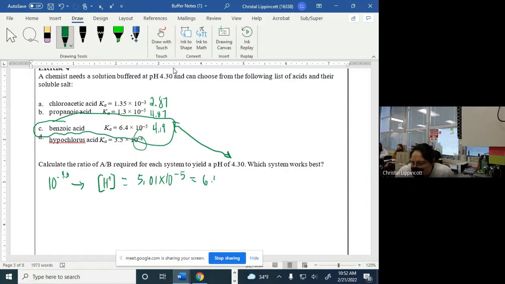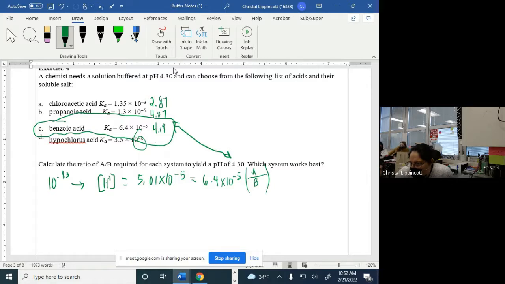All right, so 6.4 times 10 to the minus 5. And then that's the ratio of our acid over base, right? And this is what we're trying to figure out here. So I want to figure out what that ratio is. How do I get this by itself?